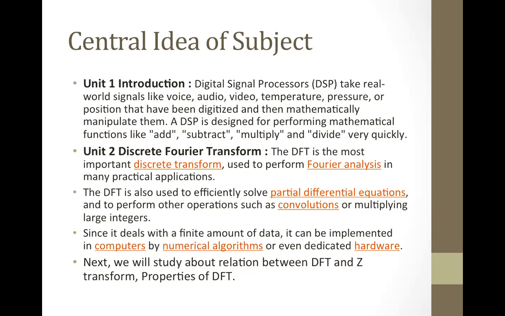The operations we perform upon the signal are addition, subtraction, multiplication, and division. If the processor has good enough RAM memory, it can perform all those operations quickly and the output is available for the user. So this is what we go through in chapter number 1, called the introduction.